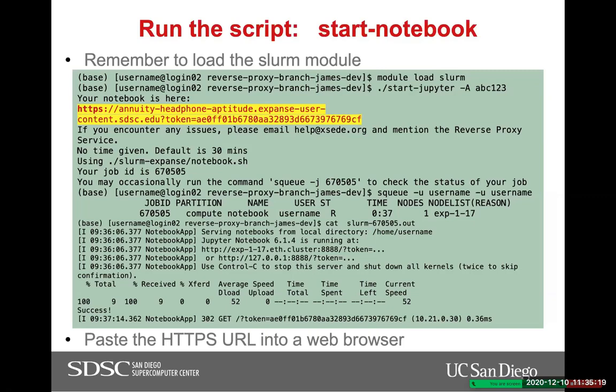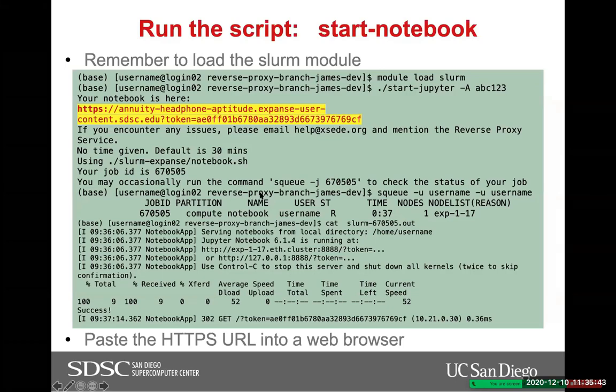We can't control that yet. We do have plans for a set of interactive queues to be available in the future, but right now you're just in the mix with all the other users running jobs and accessing the queue. So you just have to be as patient getting a notebook from the queue as you would be submitting a job.